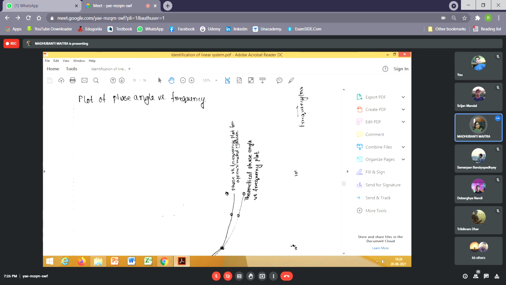One is the experimentally obtained phase shift, and the other is the theoretical phase shift, which we have calculated from the transfer function after obtaining it. Clear?